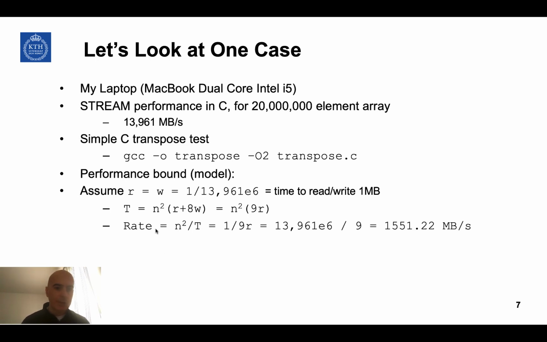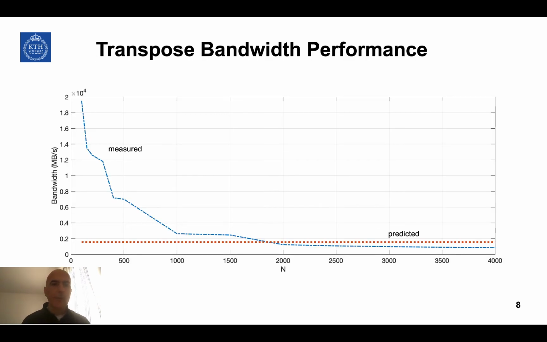If we want to calculate the bandwidth, it is simply n squared divided by t, which is equal to 1 over 9r. Since r is 1 over the bandwidth, the bandwidth goes in the numerator and we divide by 9, and we get an estimate of the transpose operation performance of 1.5 gigabytes per second. So how does this compare to the measurement?